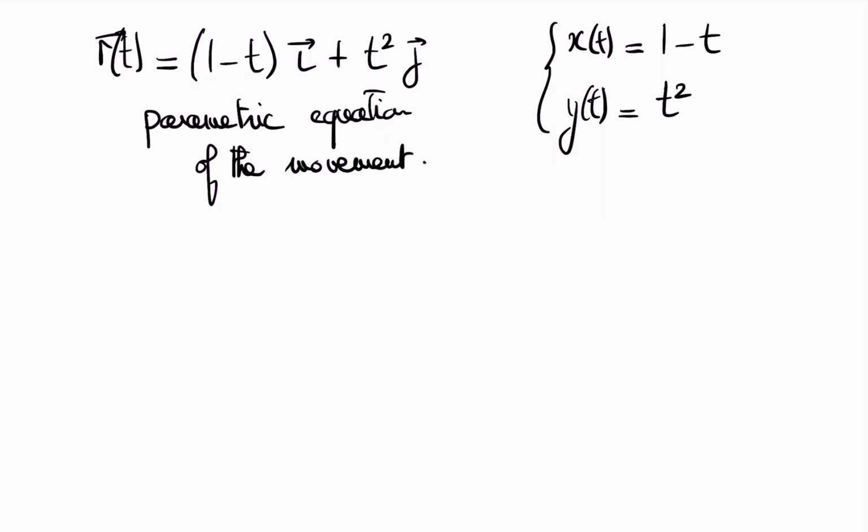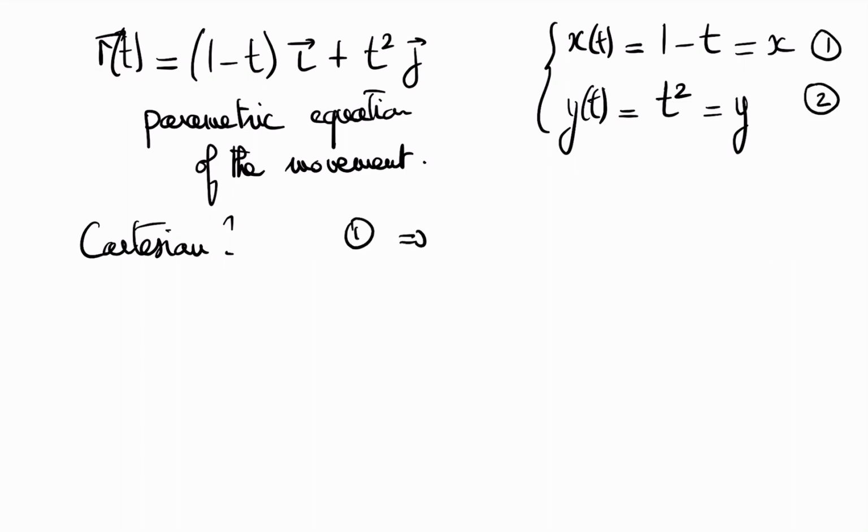Now, can we get the Cartesian equation? Right. Sometimes just to abbreviate, instead of noting x of t, it's just noted x, and instead of noting y of t, it's just noted y. So we've got equation 1, equation 2. From equation 1, we can see that t is equal to 1 minus x.